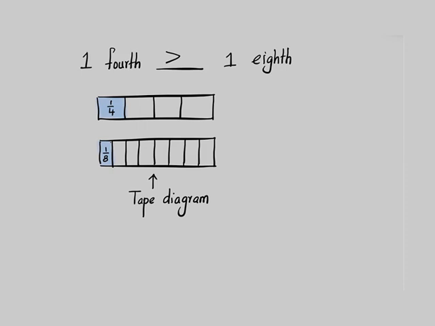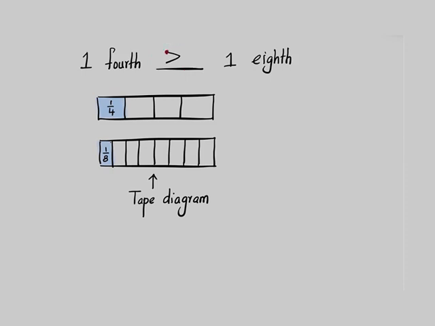Let us find out which one is bigger. 1/4, so this is 1/4, or 1/8, so this is 1/8, which is bigger? Yes, 1/4 is bigger than 1/8. So we have shown that as a sign. 1/4 is bigger.